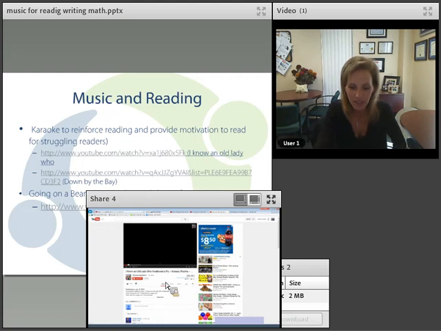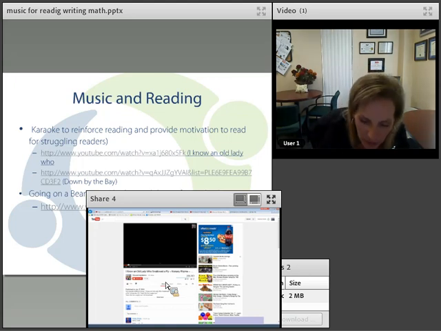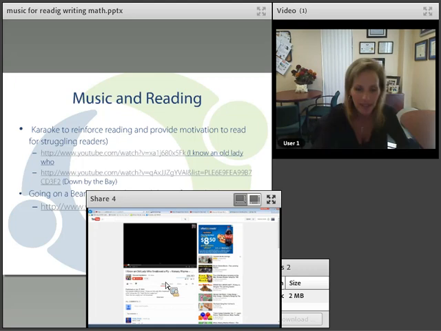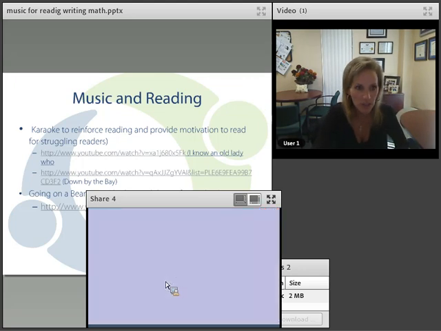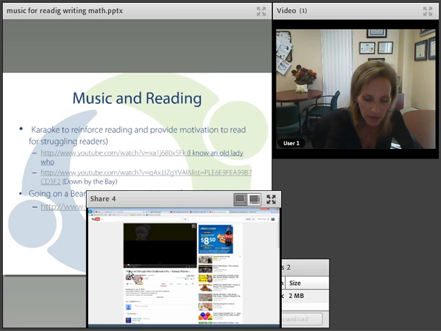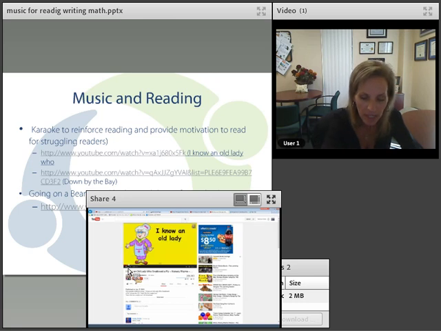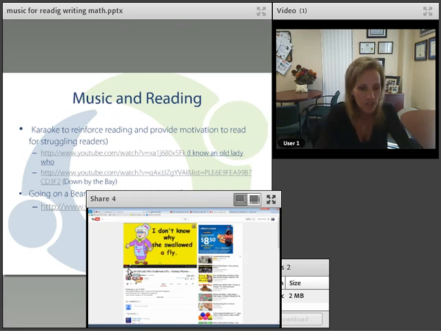Here it goes. I think it should be here. All right, I'm hoping that you're able to see it now. It should be a YouTube screen that says, I Know an Old Lady Who Swallowed a Fly. I can see it on my device here. I have a second device giving me feedback as to whether or not you all can see what I see. All right, let me go ahead and play it for you.